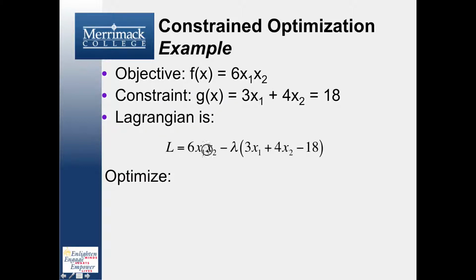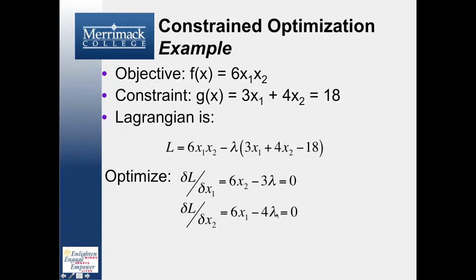So if I take the first derivative with respect to x1, set it equal to 0, x2, set it equal to 0, and there's a third unknown that I introduced here, a lambda, and set that equal to 0. So now I have three equations and three unknowns.